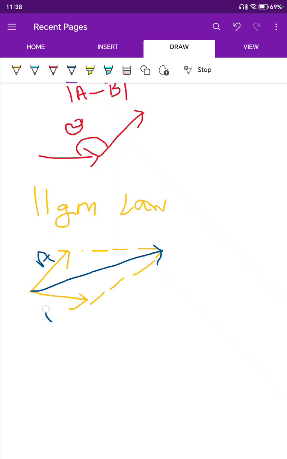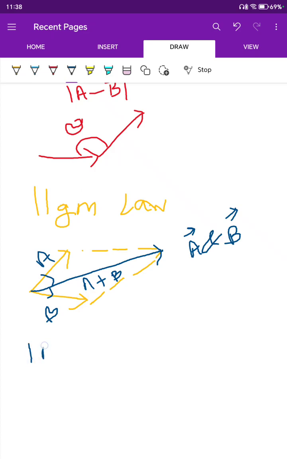If this is a, this is b, this is a plus b vector. You take some angle here, no matter, and the resultant always leans towards the larger vector.